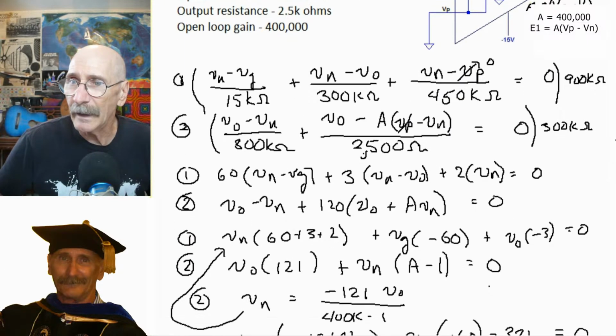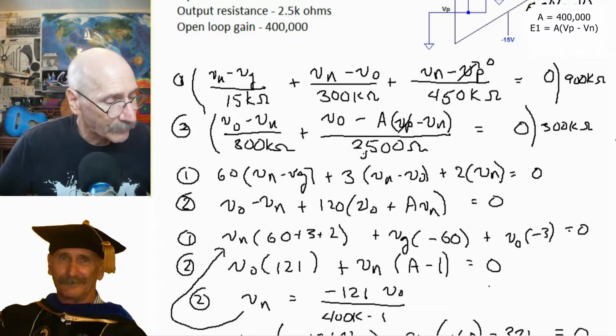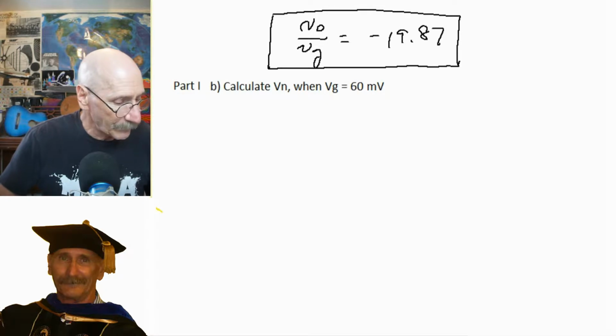So we have some formulas we can start with, and the first formula, of course, is the gain formula that we just worked out, V out over Vg is equal to minus 19.87.